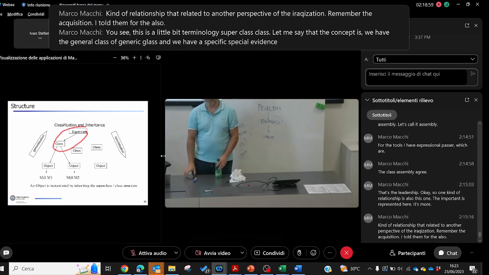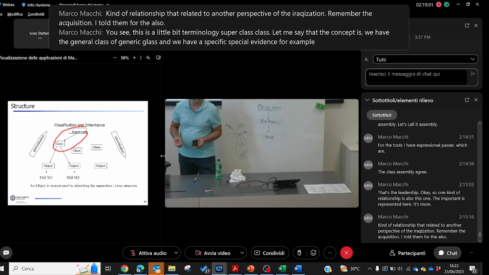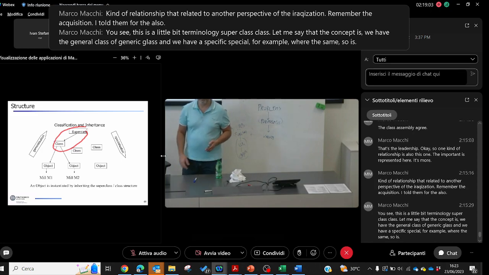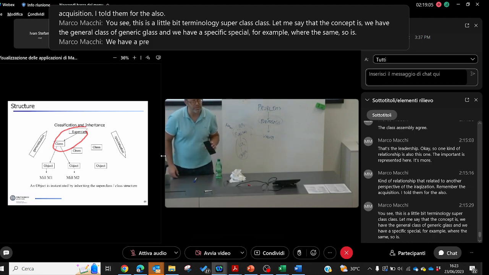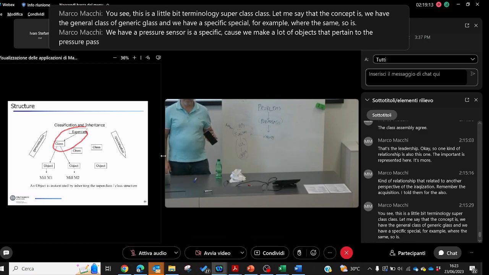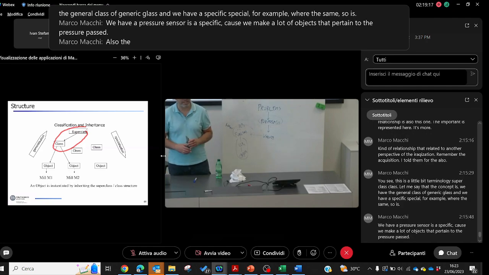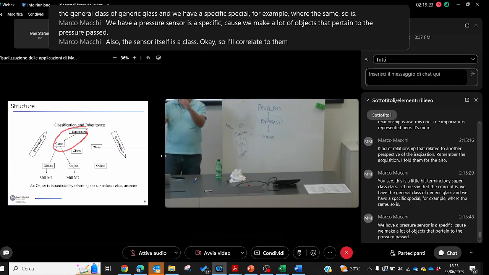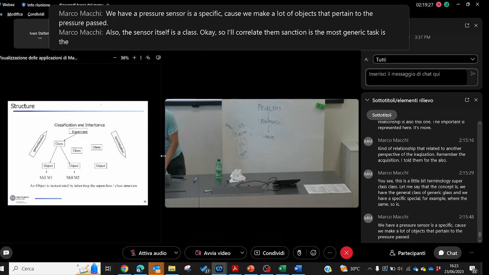For example, a sensor is a general class. A pressure sensor is a specific one. Of course, we have a lot of objects that pertain to the pressure sensor class. But also the sensor itself is a class. Okay? So how to relate them? Sensor is the most generic class, it is the superclass.